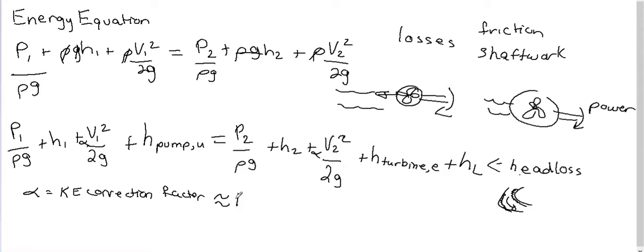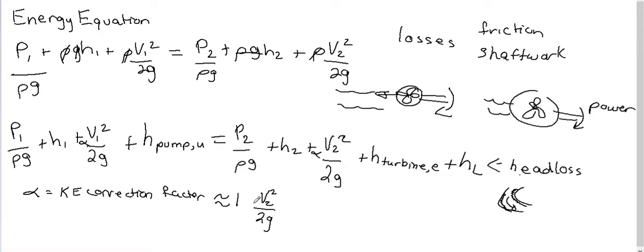And in a question you'll always be given it. It's not something that you're typically asked to derive. What it is, is that the kinetic energy of a fluid isn't always exactly equal to just v squared over 2g. So we have this correction factor to account for that.